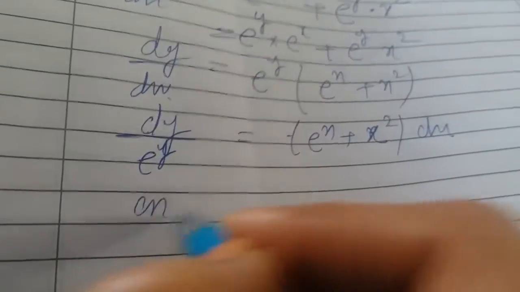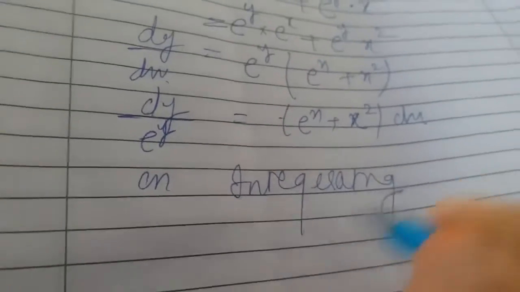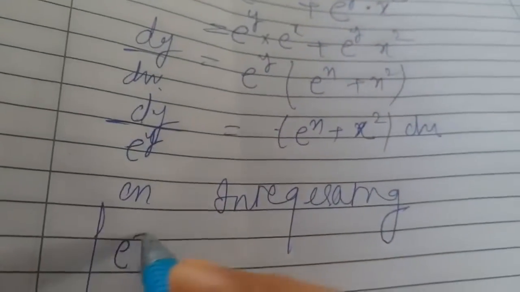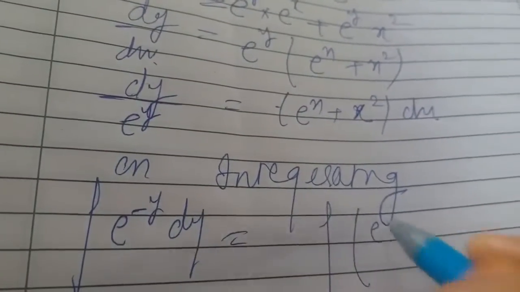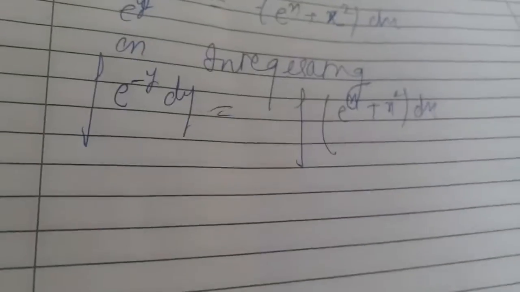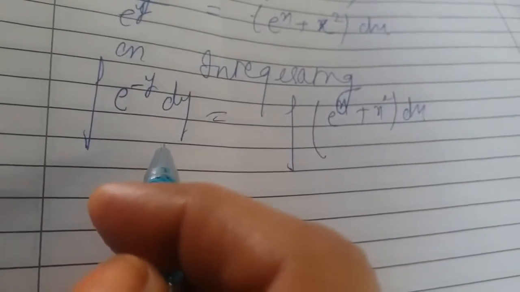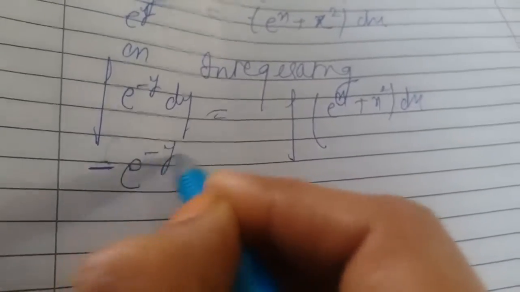Now see, on integrating, e to the power minus y dy equals e to the power x plus x square dx. Integration of e to the power minus y is minus e to the power minus y.